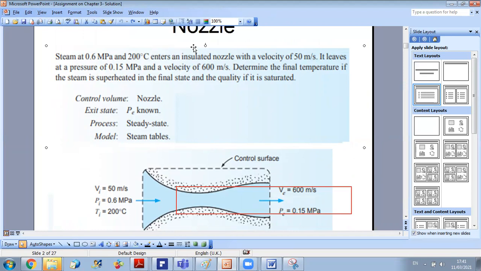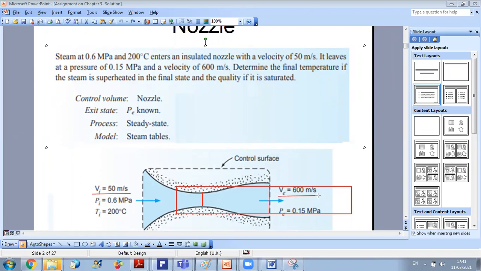So as you can see here, the cross-sectional area is varied through the nozzle. This will allow me to increase my velocity because I entered at a velocity of 50 meters per second, and at exit I have 600 meters per second. On the other hand, the pressure is decreased, okay, from 0.6 megapascal to 0.15 megapascal, okay.